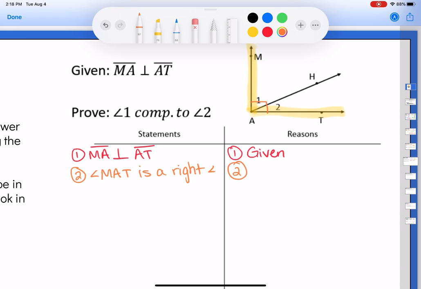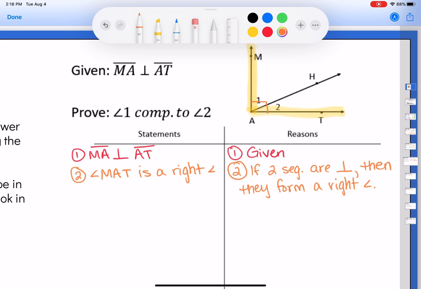The reason for this is our definition of perpendicular. But remember, the if part needs to be a step that was before that. So if two segments are perpendicular, using that symbol wherever I can, and the then part is what's in this step, then they form a right angle.